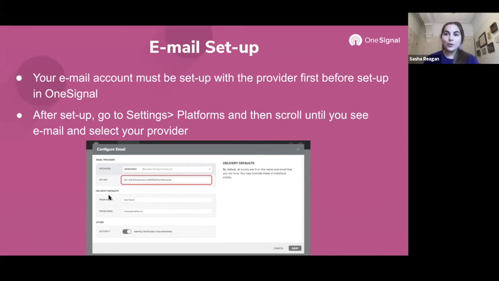You can override those defaults in individual messages, but it's helpful to have a default, especially if it's something that you're sending a lot and you only want to set up once to optimize your time. We do also have identity verification, which we highly recommend. That is a form of email authorization that we take from your server, and then we're going to hash the email address. It's just another level of safety that we recommend.